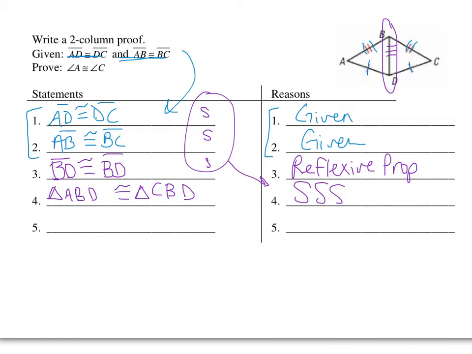We've shown that the two triangles are congruent, so now I can pair up any corresponding piece, so my angle A is congruent to angle C, and the whole reason why is because corresponding parts of congruent triangles are congruent. We've already shown that the two triangles are congruent, so we can pair up any other side and say that they will be congruent as well.